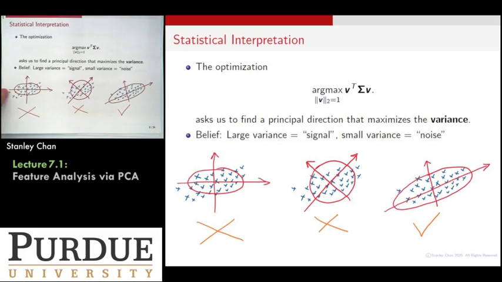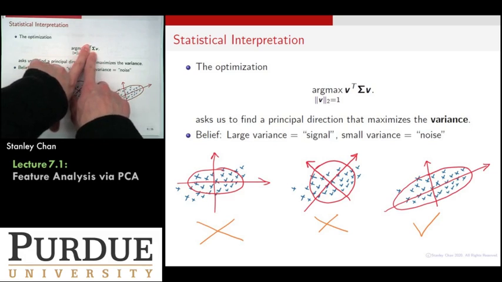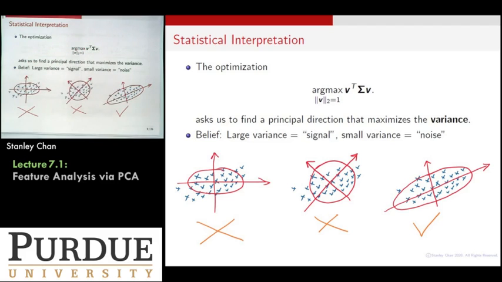Okay, so there is some statistical interpretation of the method that I just described. When you're trying to solve this problem, because the sigma matrix is the covariance matrix, and you want to maximize this quadratic quantity, you're essentially picking the direction that has the maximum variance. Now, what I mean is that you look at these data points, you have the blue crosses.